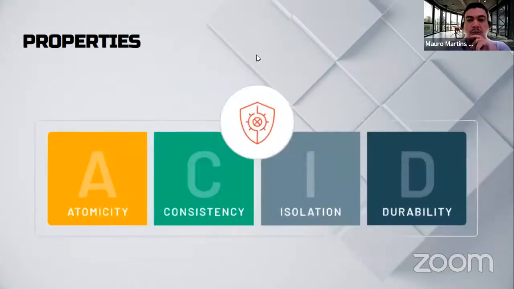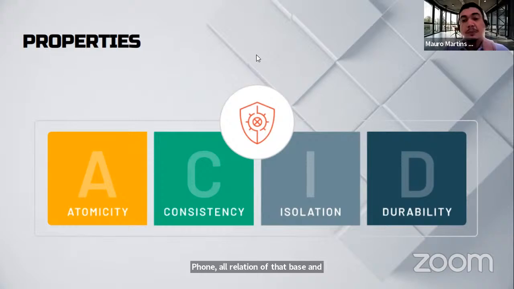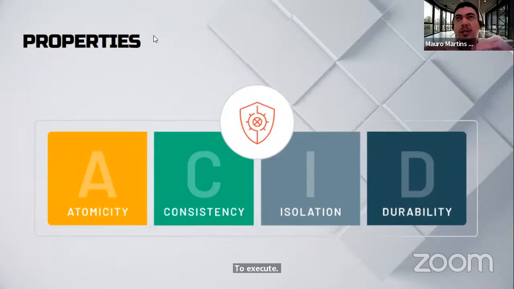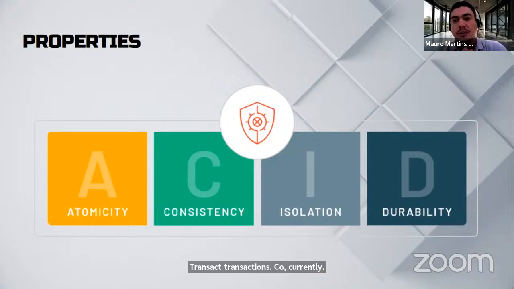A relational database needs some properties to execute transactions concurrently. Okay, because concurrency has some problems and some solutions.